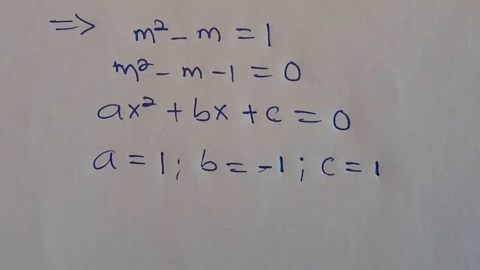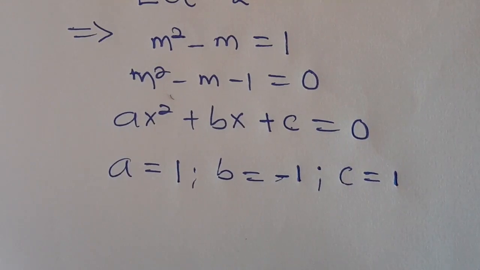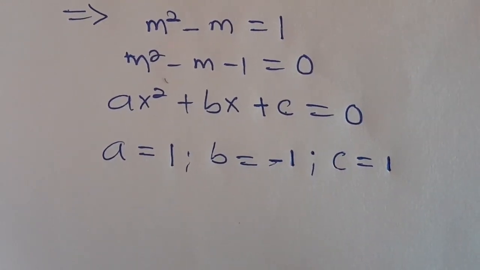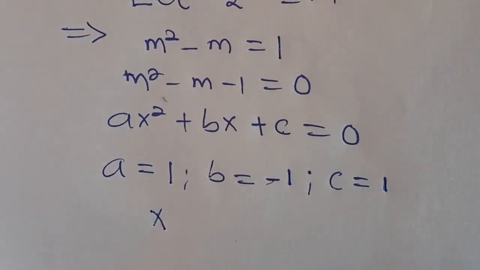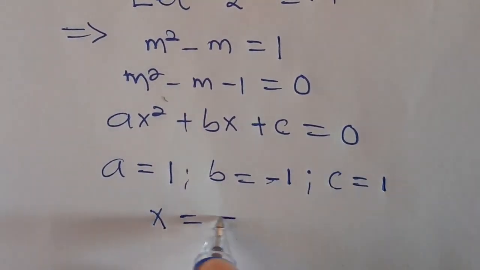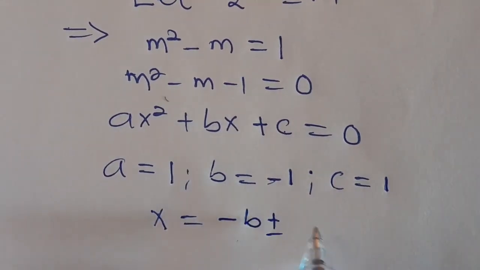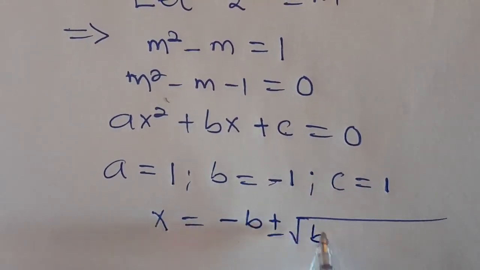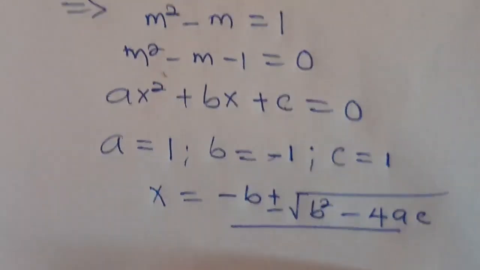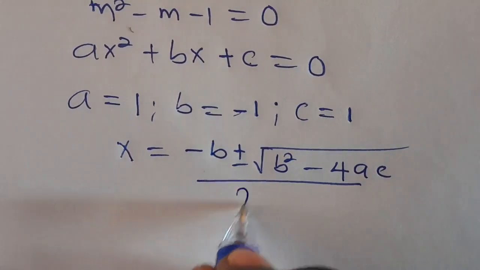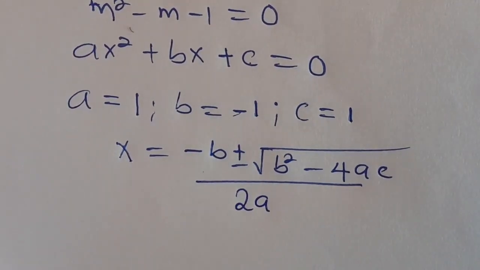So now guys, let us move further to apply the general formula of the quadratic, as we have x equals minus b, plus or minus the square root of b squared minus 4ac, all divided by 2a.